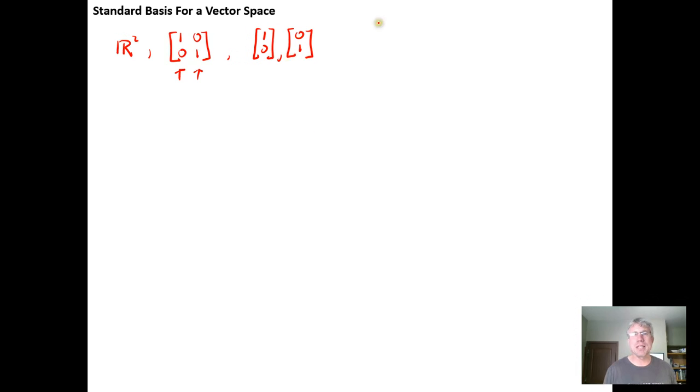And because this is the case, any vector in R2, so pick a vector (a, b) living in R2, can be easily written as a linear combination of the standard basis. So to get (a, b), we could write it as a times the basis vector 1, 0 plus b times the basis vector 0, 1.